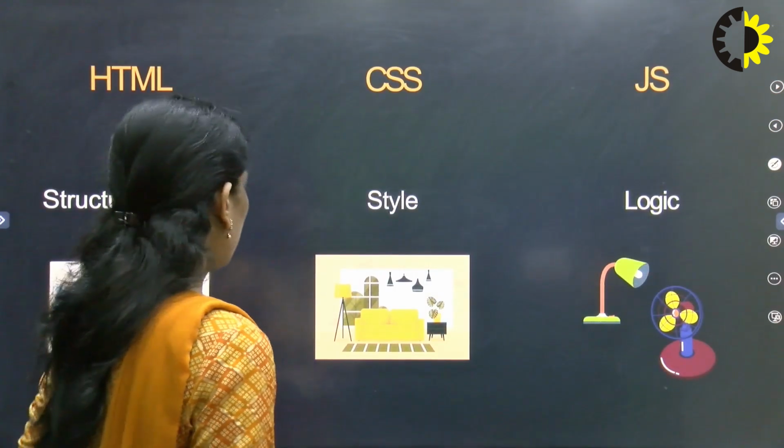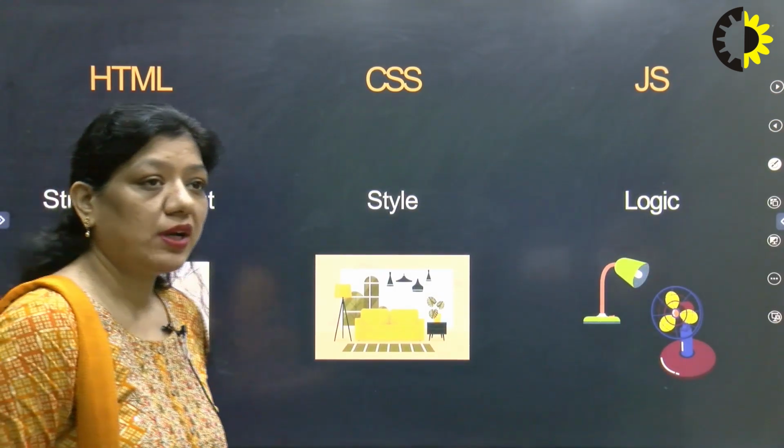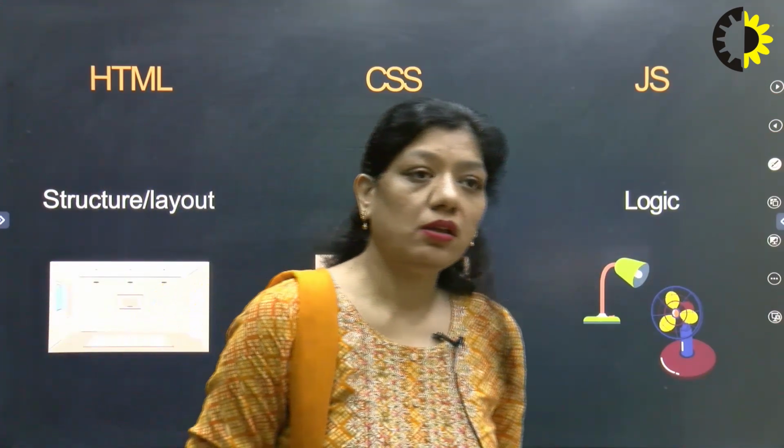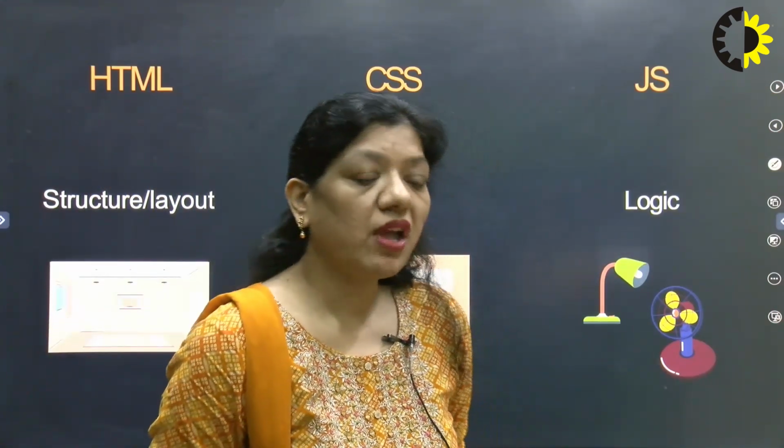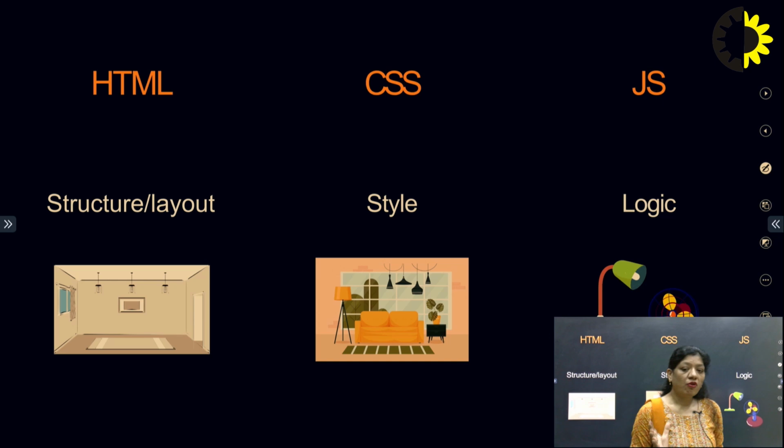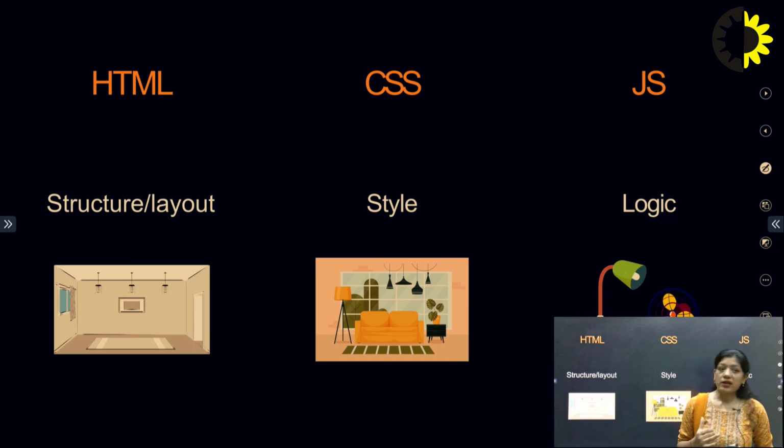See, HTML basically provides the structure and layout of any web page. Suppose we have a house and we want to create a wall, chair, sofa, everything. These are the kind of layout we want to make. So through HTML we create the structure and layout of any web page.